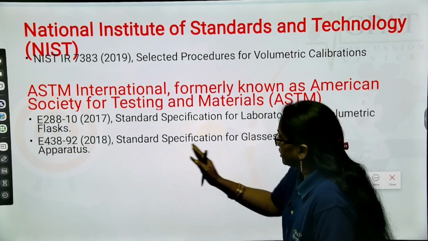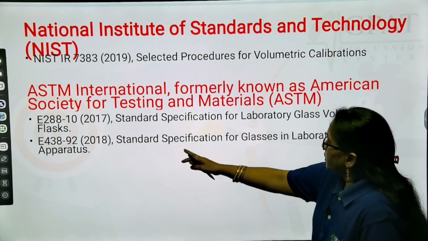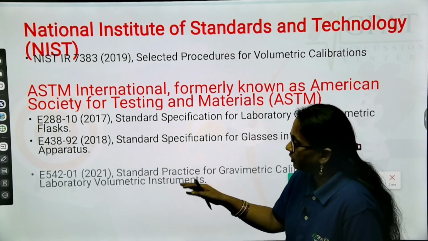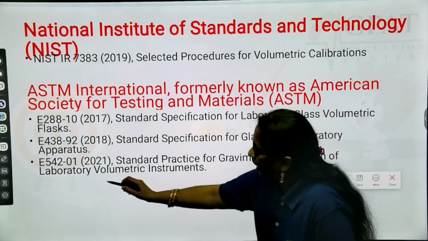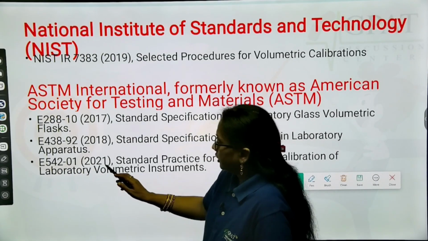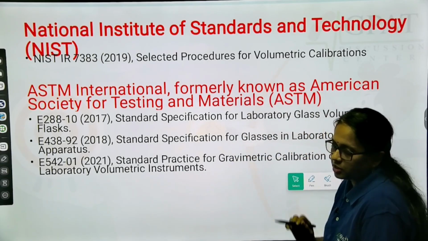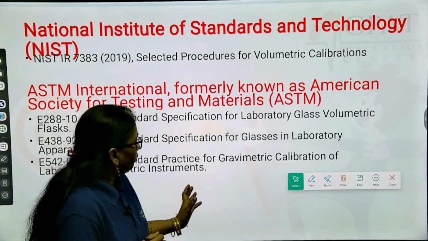One more document, from 2018, is the specification for glasses in laboratory apparatus. They have subdivided them into different categories, like E542-01 from 2021, the standard practice for gravimetric calibration of laboratory volumetric instruments.